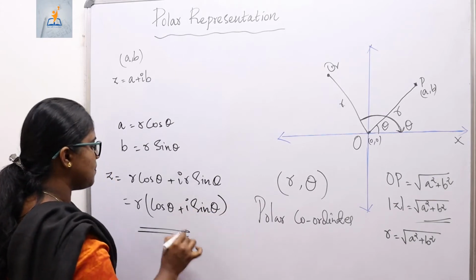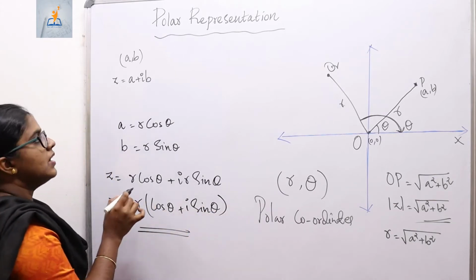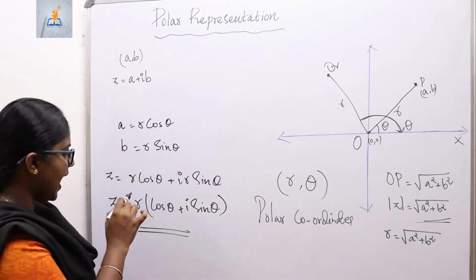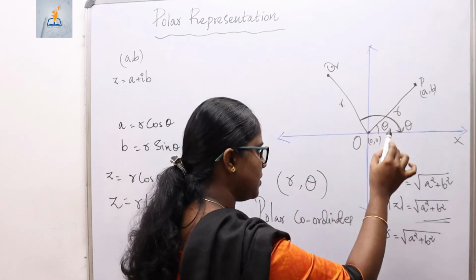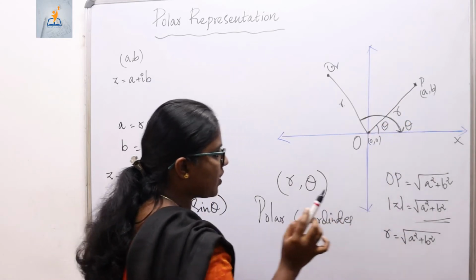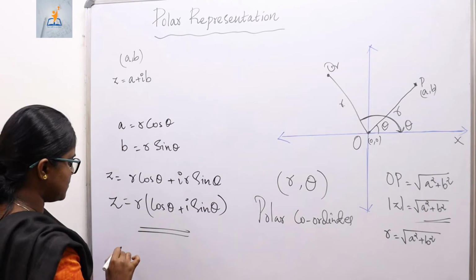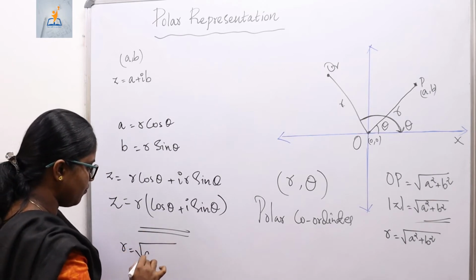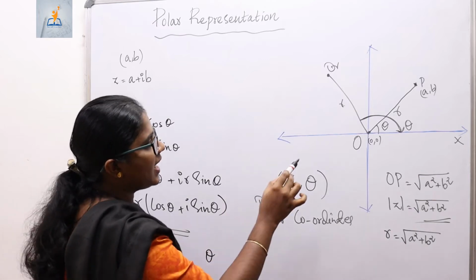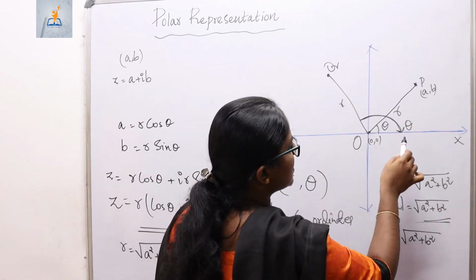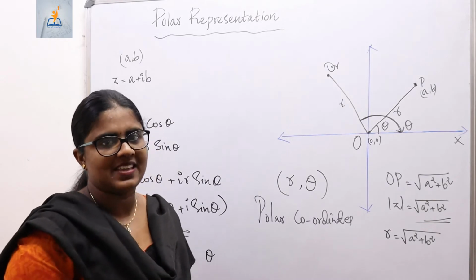So this is the polar form of a complex number, and r is the distance from O to the particular complex number, that is square root of a square plus b square. r is equal to square root of a square plus b square, and theta is the angle made by OP with the positive direction of x-axis.